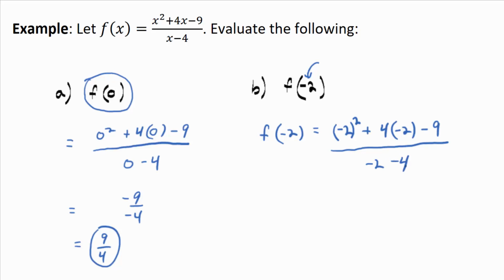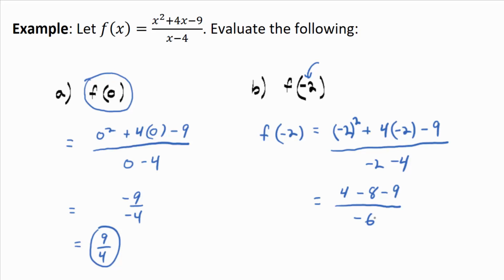All right, help me out here. What do we get on top? Well, we don't have to do it all at once, but you should evaluate what first? Probably the exponent. Negative 2 squared is 4. And then what? Plus or minus 8, plus a negative 8, minus 8, minus 9. What do you get on the bottom?